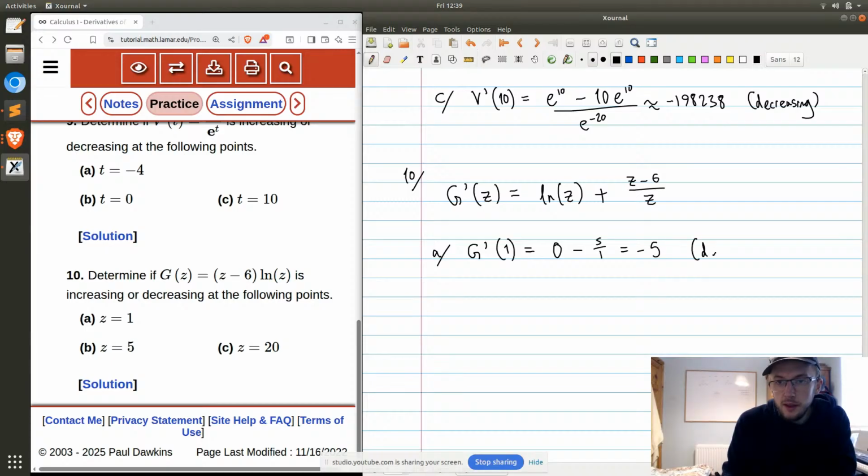So decreasing. Then ln of 5 plus, would that be negative 1 on top? So negative a fifth, which is surely greater than 0, so increasing.